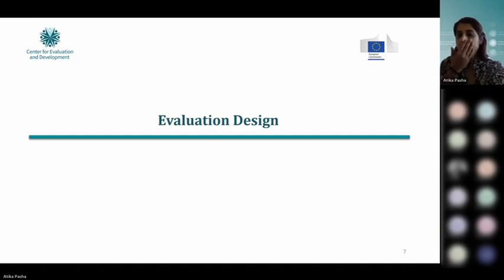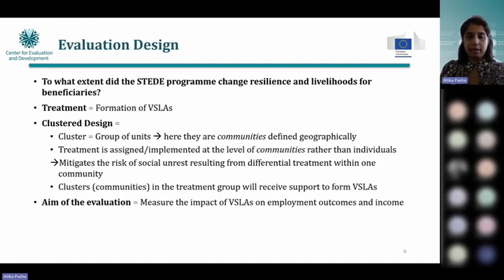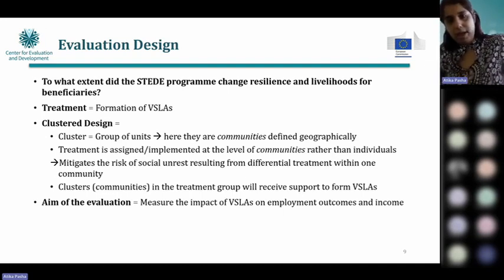So what exactly was the design in our case? And by design, we're always talking about CIE, or counterfactual impact evaluation. So the question that we were interested in answering, or one of the research questions of our program, is to what extent the C4ed program changed the resilience and livelihood for beneficiaries, right?